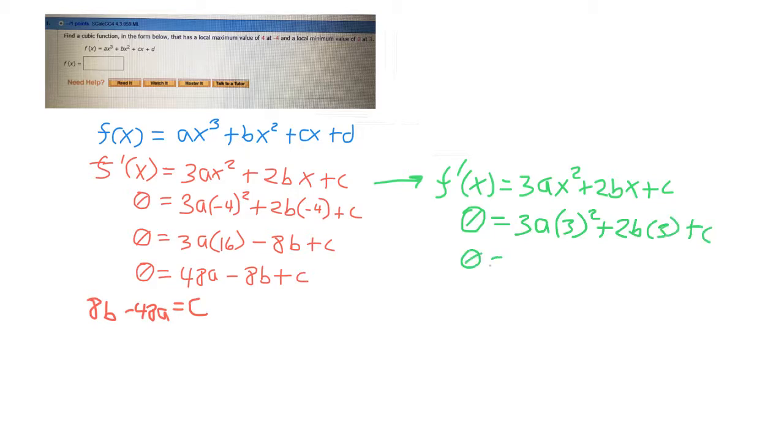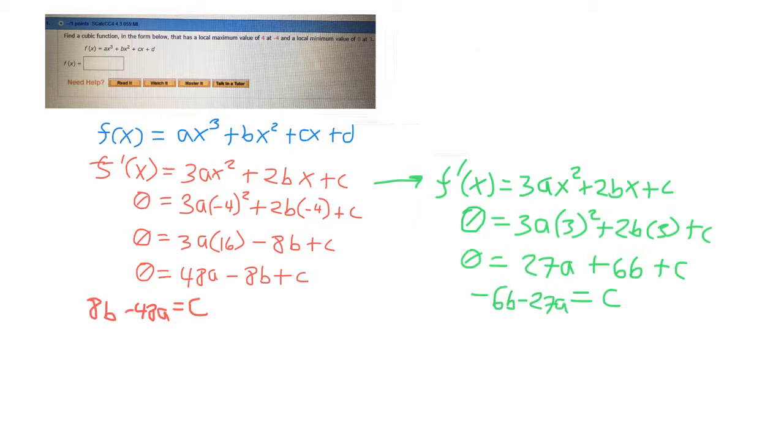So we end up with 27a plus 6b plus c, and at that point c equals, we had b and then a, so we're going to do the same thing. So it's going to be negative 6b minus 27a.